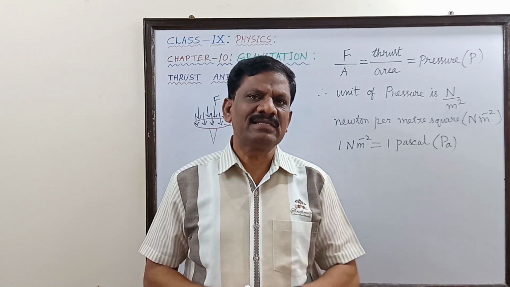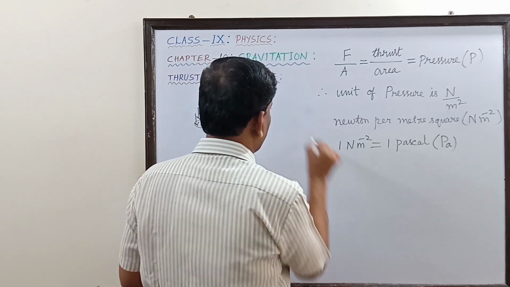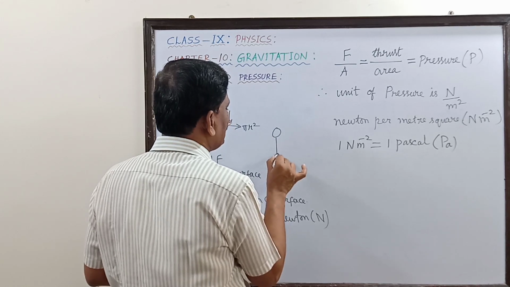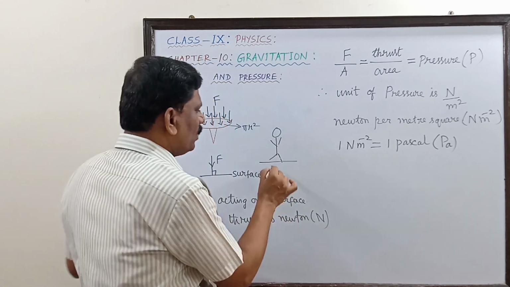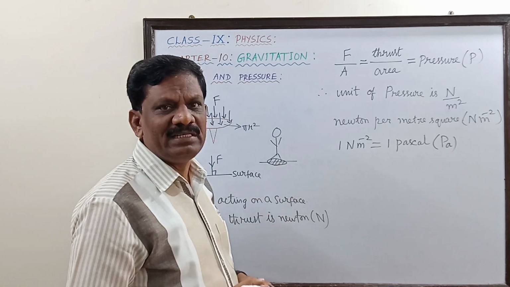So it is called thrust. And where this thrust is acting? Suppose a person is standing like this on the ground. The total weight is concentrated only in this small area below the feet.